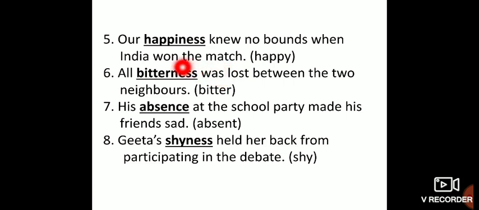Bitter will become bitterness. His absence at the school party made his friends sad. So absent will become absence. Geeta's shyness held her back from participating in the debate. So shy will become shyness. So is it clear to you?